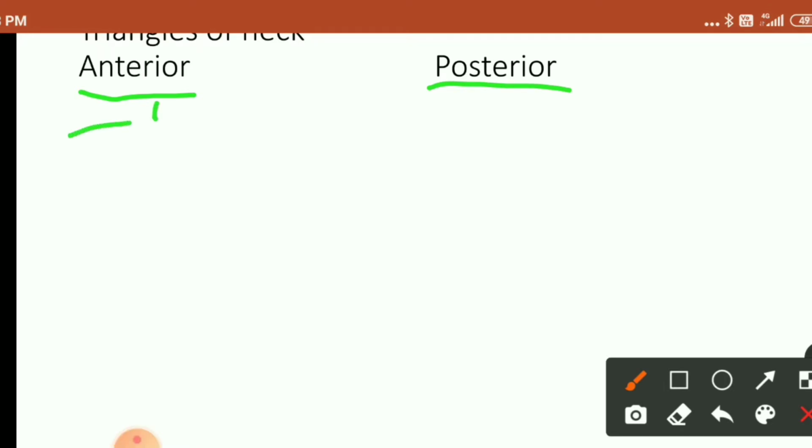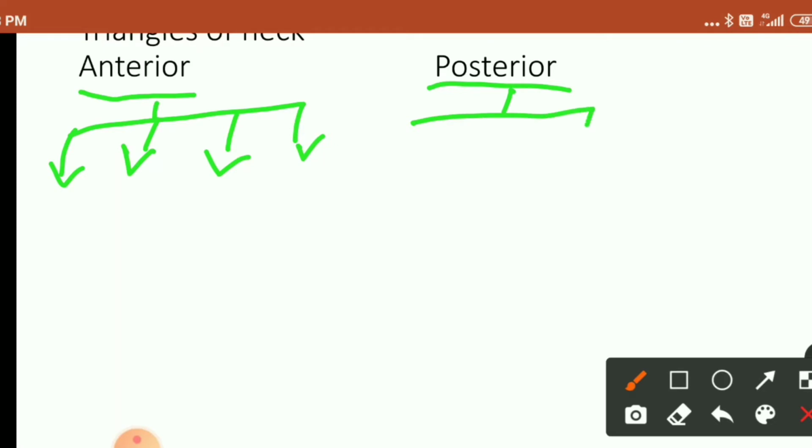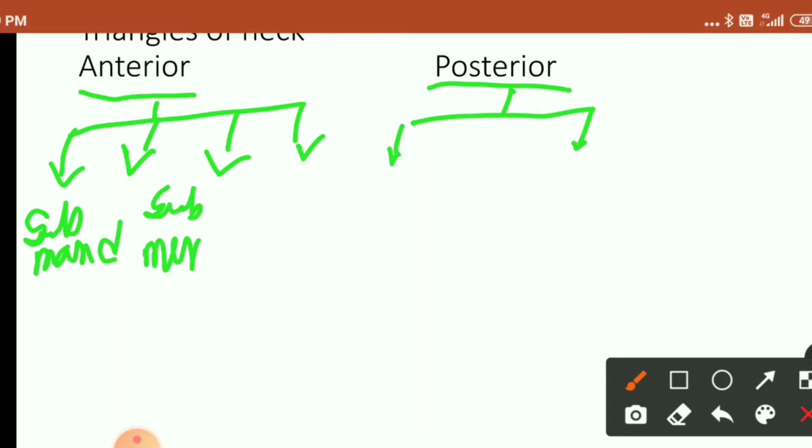The anterior triangle is further divided into four small triangles, and the posterior triangle is divided into two triangles. So what are the four anterior triangles? They are submandibular triangle, submental triangle, muscular triangle and carotid triangle.